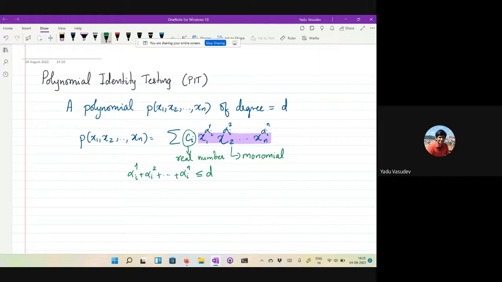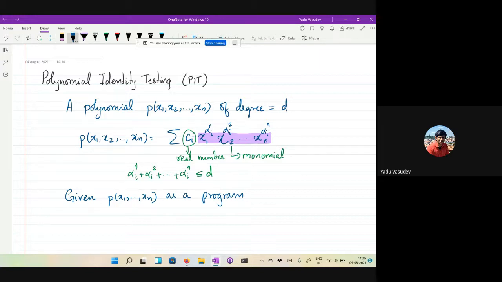Okay. So now the polynomial identity testing problem: you're given this polynomial p. The polynomial is given, say, as a program, a computer program. So you can see the code which is supposedly computing p, and what you want to do is the following.